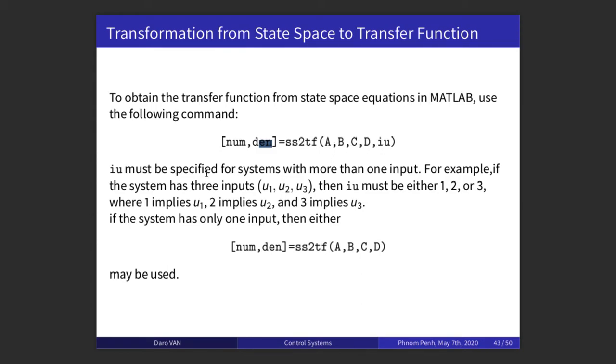So iu must be specified for the system with more than one input. For example, if the system has 3 inputs, then iu must be either 1, 2, or 3. Okay. And if the system has only one input, then you can use this one. You don't need to specify iu.